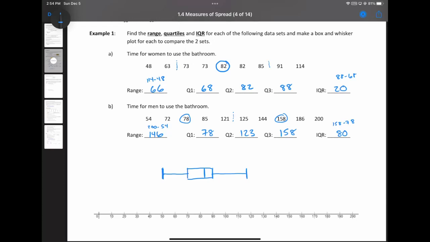Okay, for men, similar idea. We have 54 as the minimum, and then our 3 quartiles are 78, 123, and 158, and our maximum is 200.